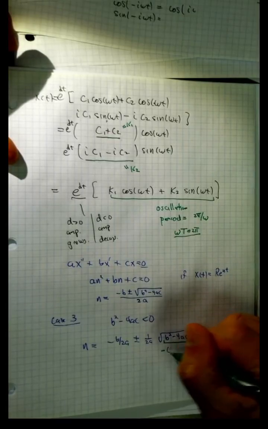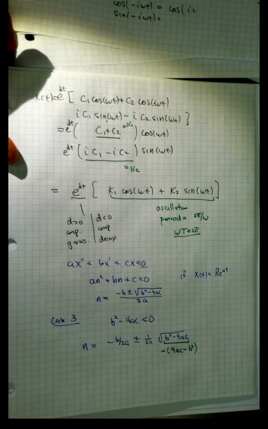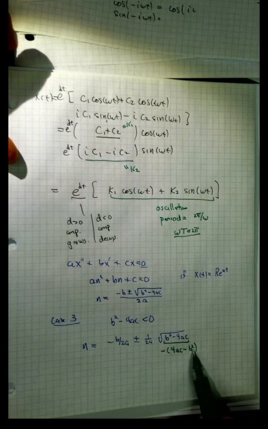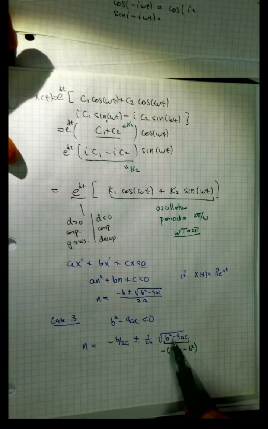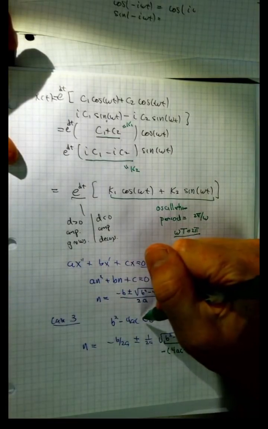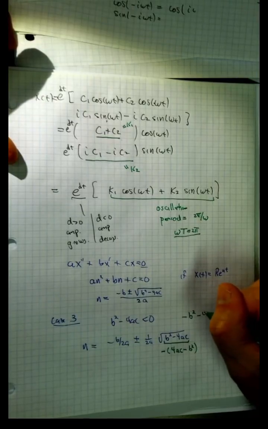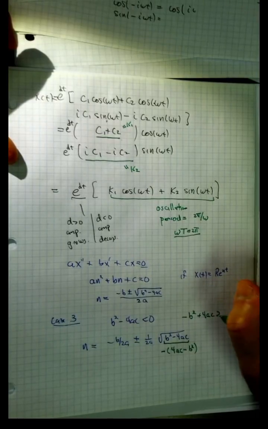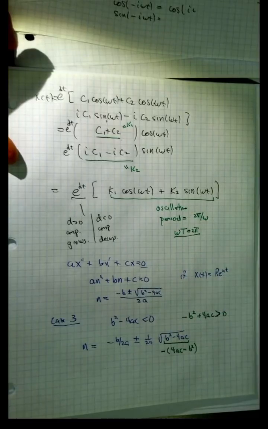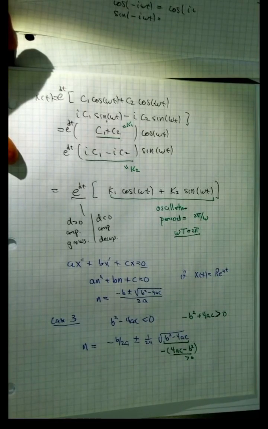So if I factor out a minus 1, I flip the sign. Notice this expression is equal to minus the quantity 4ac minus b squared. If I multiply that through, I get minus 4ac plus b squared. If b squared minus 4ac is less than 0, that means the negative of that is greater than 0. So this thing right here is greater than 0.